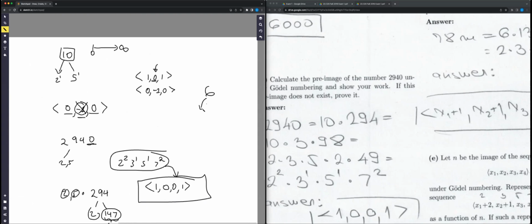What is the prime factorization of 6? Just 2 and 3. So 2 to the 1, 3 to the 1, which means our sequence is 0, 0. And that's valid, correct? Because there's no negatives, right? Yeah. Okay. Thanks.